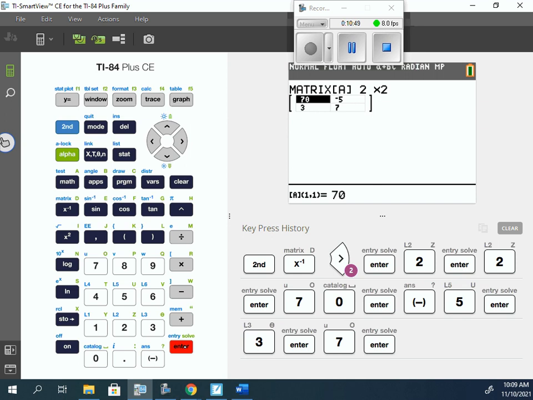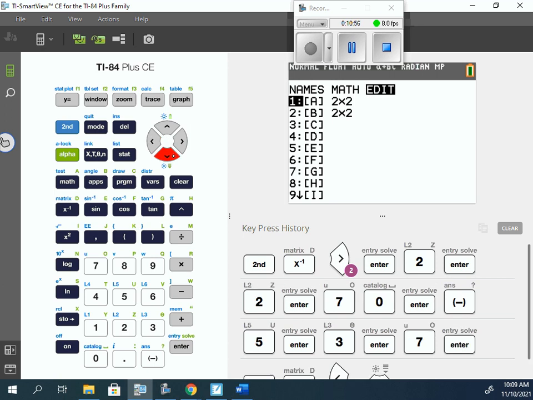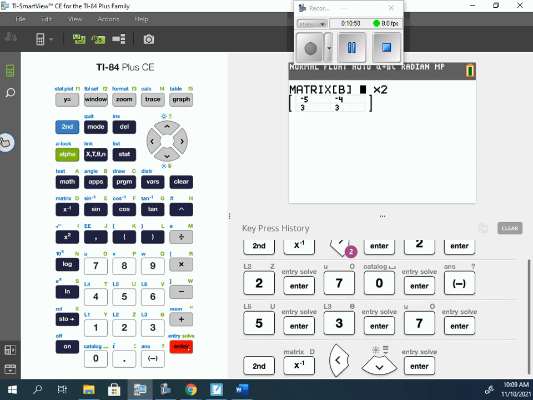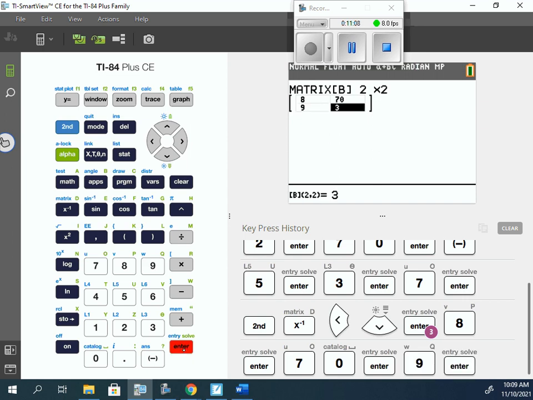So we'll type the first one in. Once we get the first one typed in, we can go second matrix, over to edit, and down to matrix, which will be a 2 by 2 still, and we'll have 8, 70, 9, and 3.